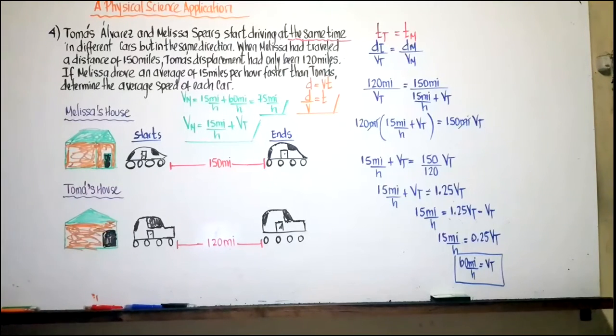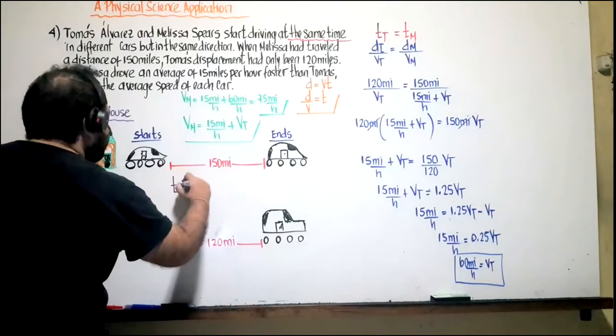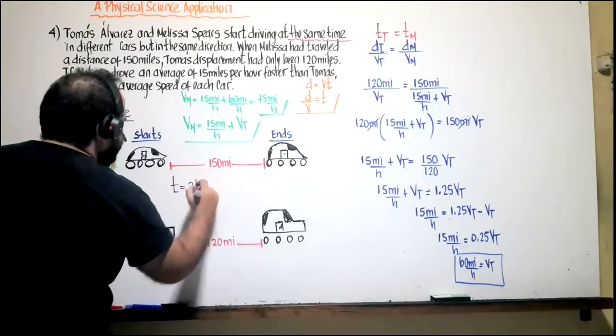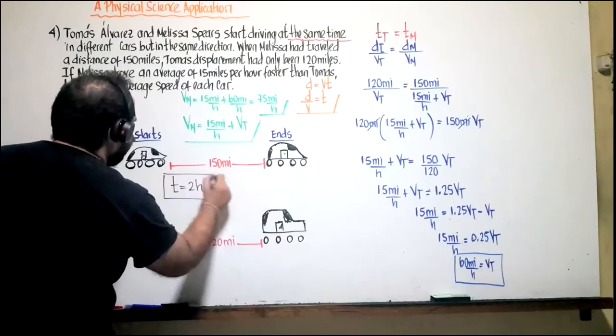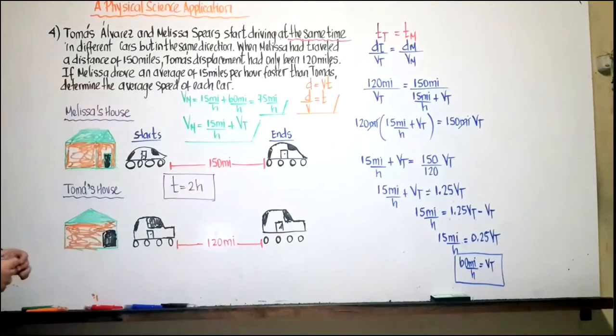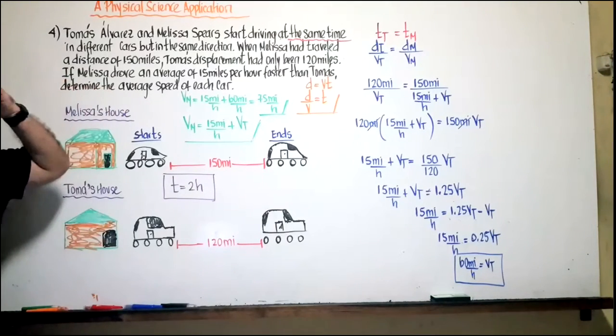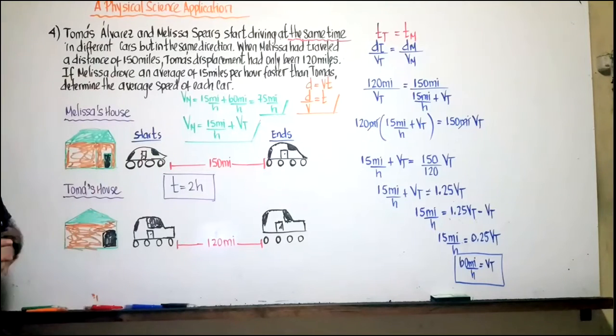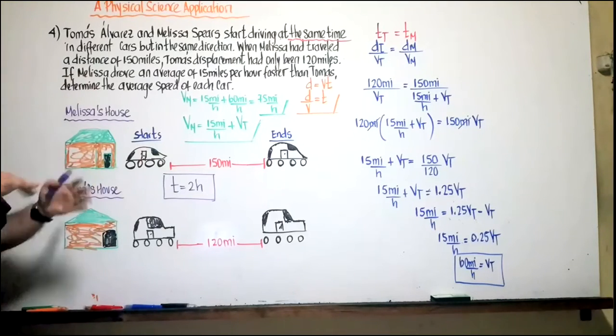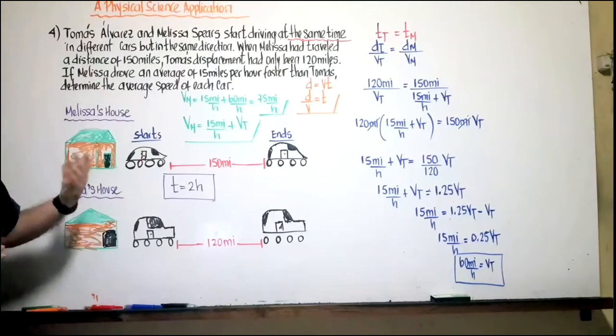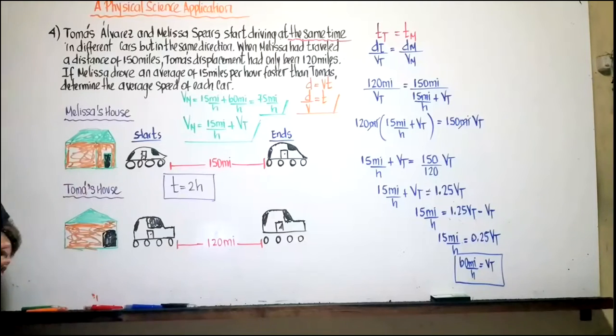So in this moment, both cars, Melissa and Thomas, take around 2 hours to reach their final destination. Melissa drove 150 miles, a displacement of 150 miles, and a velocity of 75 miles per hour.